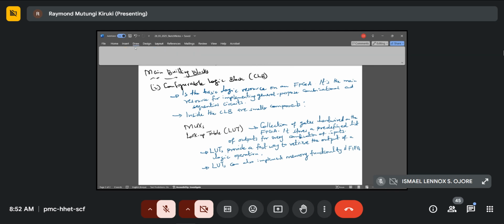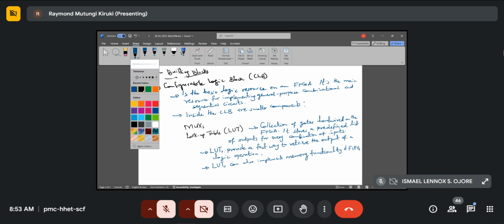What is the other element that we may find in a configurable logic block? Logic and carry. Yes, the carry and logic unit. Another one? Flip-flop.